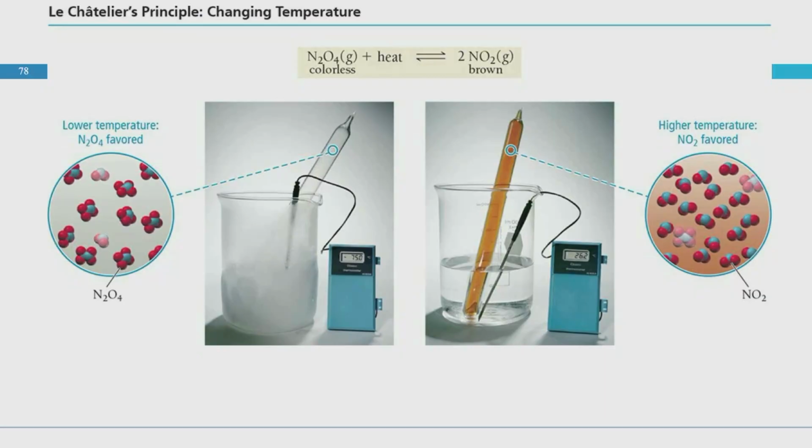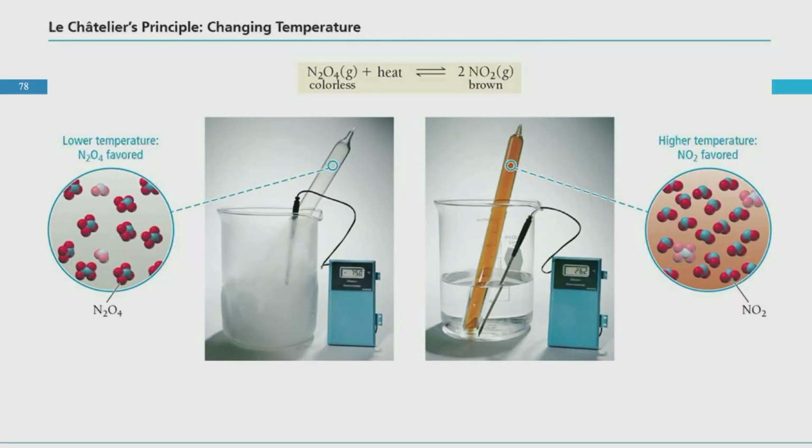Here's a picture example of that reaction where NO2 is brown and N2O4 is colorless. So heat is a reactant. If we have an ice bath that this mixture is in, we're removing heat, so we're going to favor the N2O4, that's the colorless side.